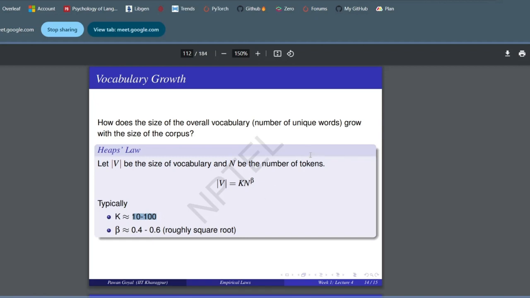This has been observed in practice, and from there these empirical values have been extracted as typical values of k and beta. So we get a relation between the size of the vocabulary and the number of tokens present in the corpus.